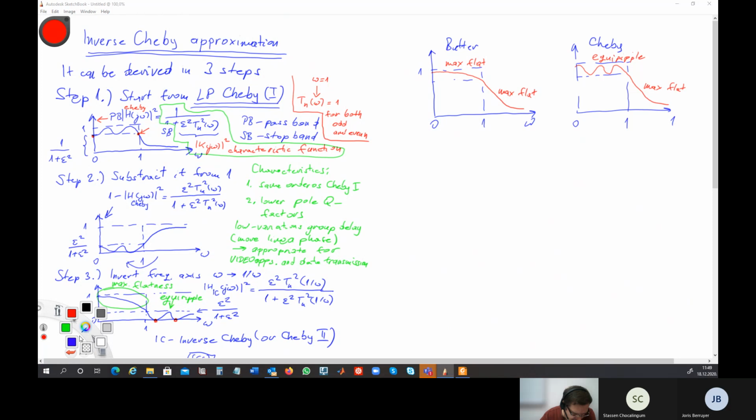And then today we continued with Chebyshev 2, or inverse Chebyshev, which is like this.